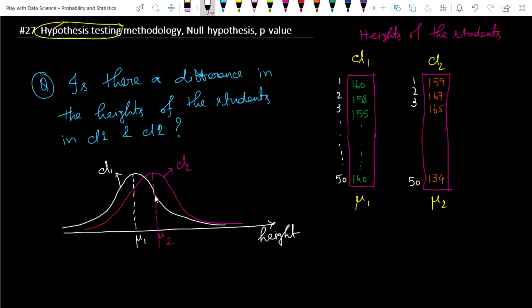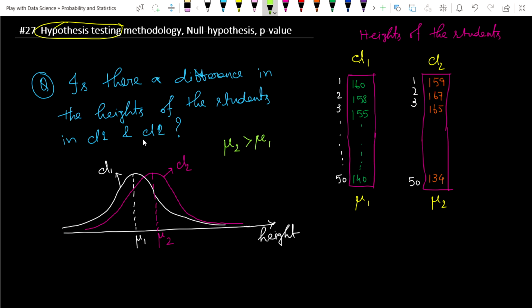Now from these distributions, you can see that the mean value of class 2 is greater than the mean value of class 1. So we can conclude that if the means are different and mu 2 is greater than mu 1, then the class 2 students' heights are larger than the class 1 heights.